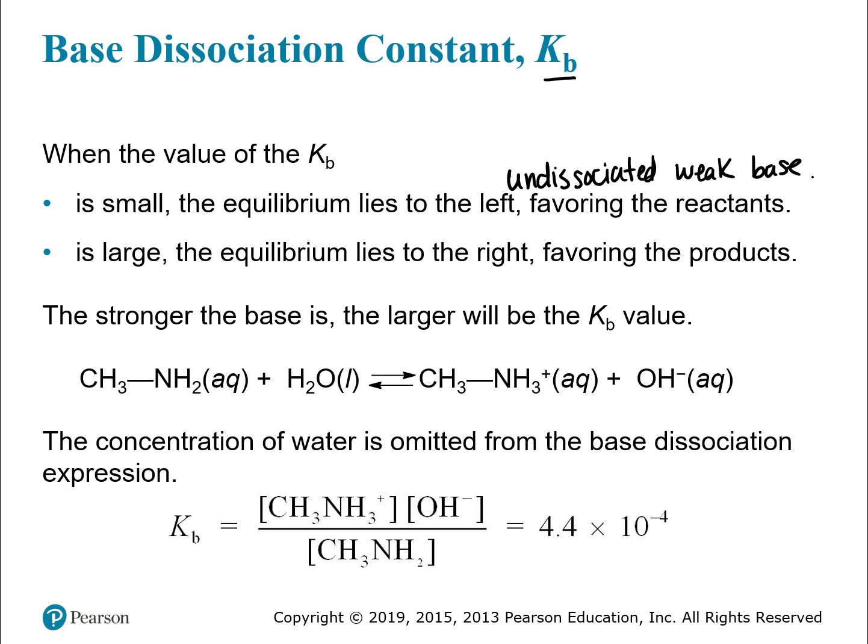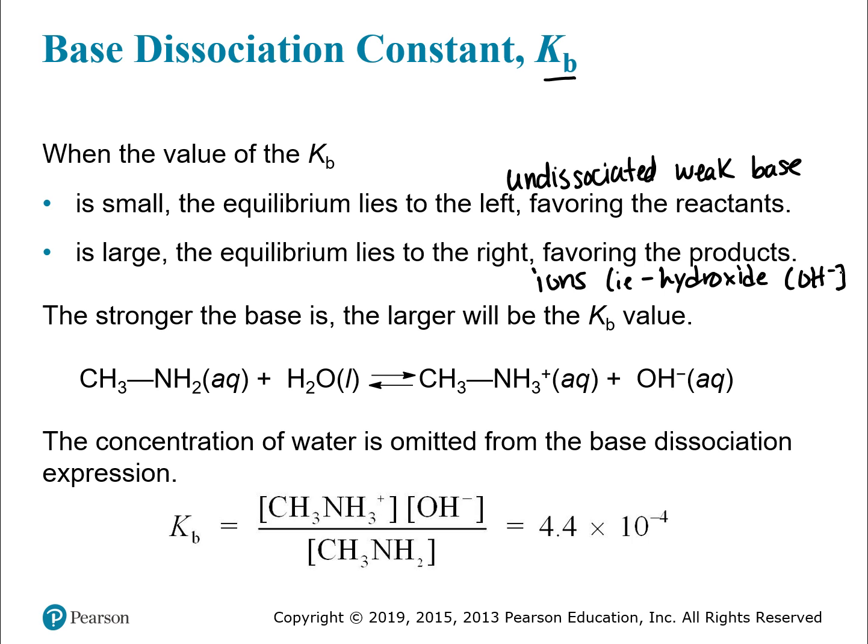If it's large, then your equilibrium is going to lie to the right in favor of the products, which are the ions. In this case, we're talking about hydroxide, which is OH minus. The stronger the base, the larger the Kb value.